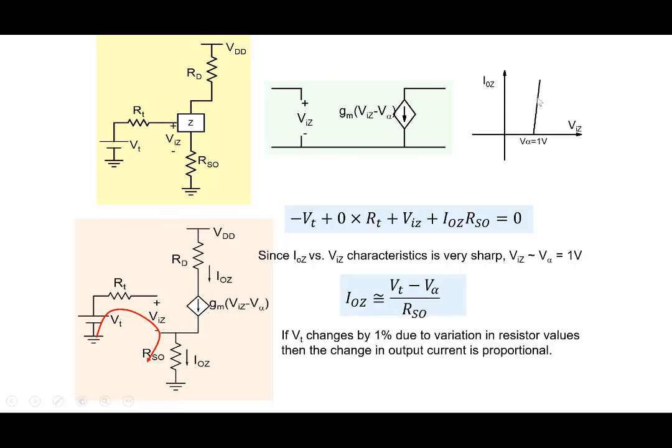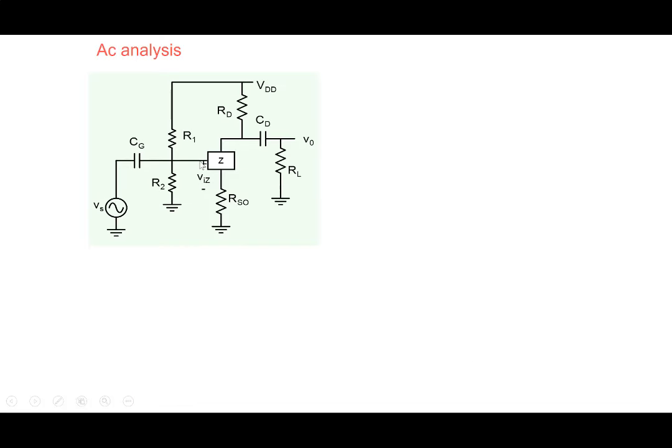It's no longer determined by the sharp characteristics. So the sensitivity of the circuit to various parameters is reduced considerably if we add this resistor in this path. And now my circuit, my bias point, everything will become very, very stable because of this feature. Okay. So this becomes our revised circuit here, right?